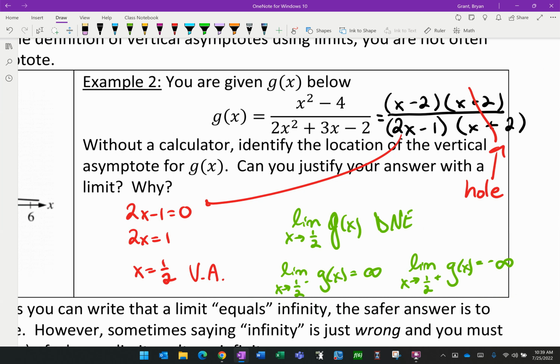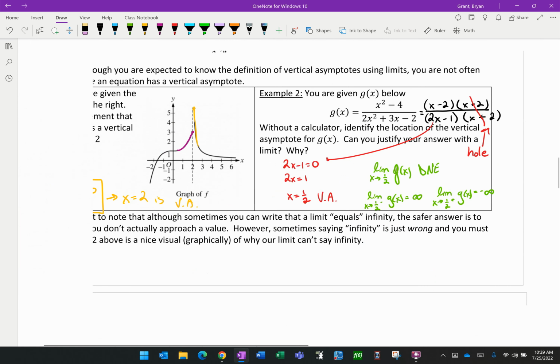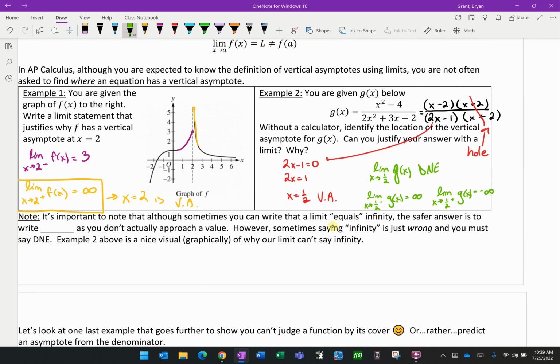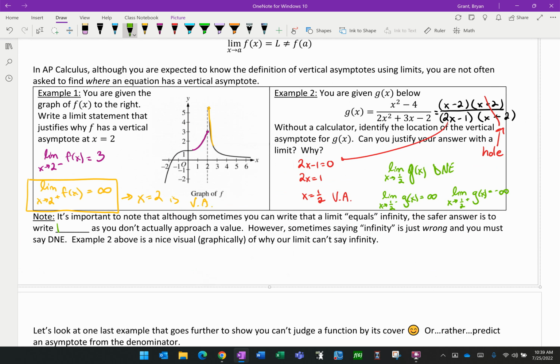You could have tried to graph this by plugging in a whole bunch of values around 1/2 and seeing what happened, but that's pretty tedious. So just a word of warning. It's important to note that although sometimes you can write a limit equals infinity, like these guys, the safer answer is just to write does not exist for a limit, right? Because sometimes saying infinity is just wrong, and you have to say does not exist.